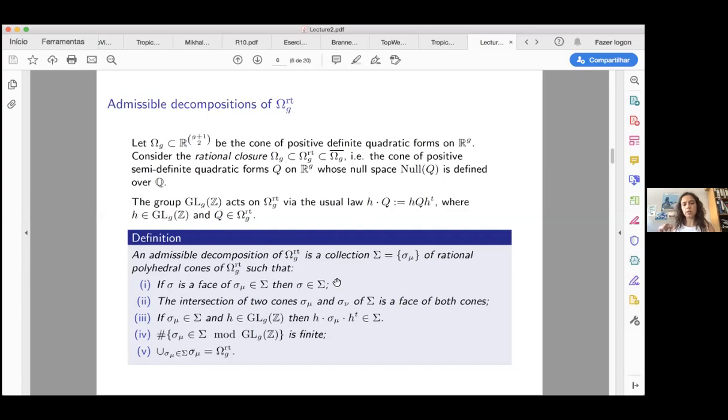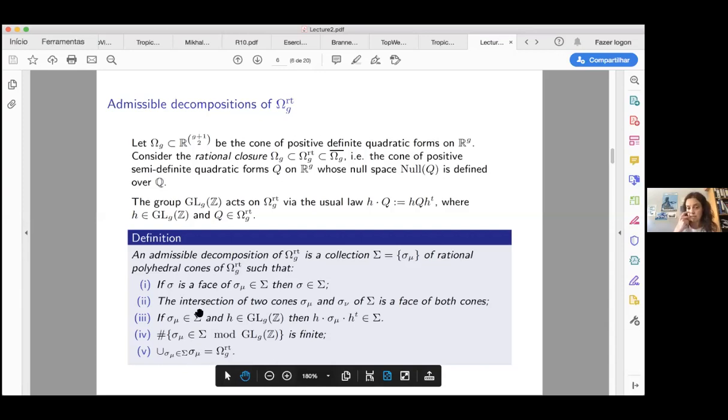An admissible decomposition of our Omega G rational is a collection of rational polyhedral cones sigma_mu inside our space, which satisfy these axioms. The first is that if we have a cone in our collection, then a face of the cone is still an element in the collection.